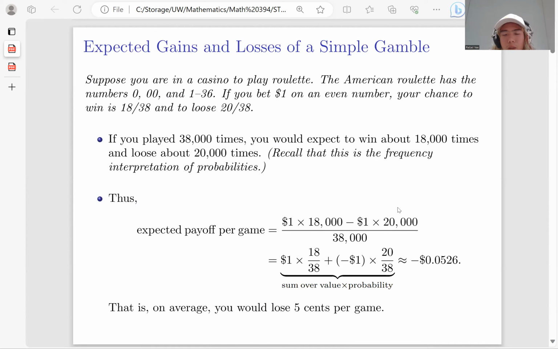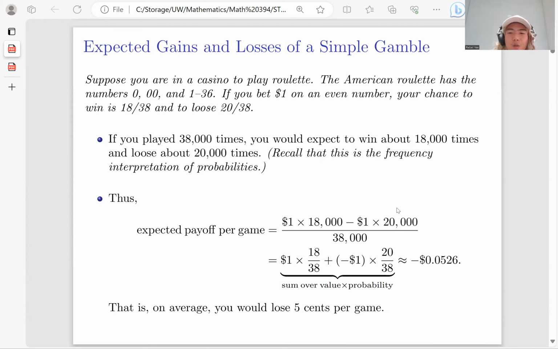So this game is played this way. If you bet a dollar on even, and the number that comes out is an even number, you win. And if it's an odd number, you lose. But here the even numbers don't include 0 and 00.